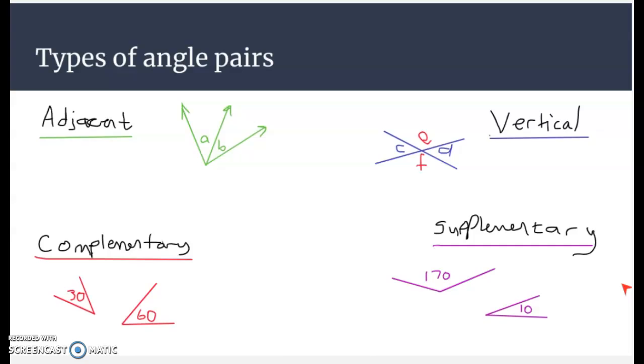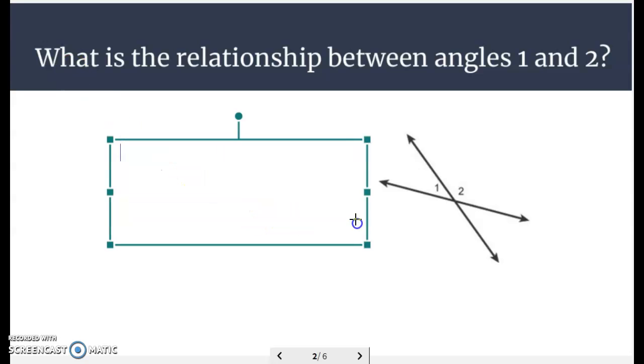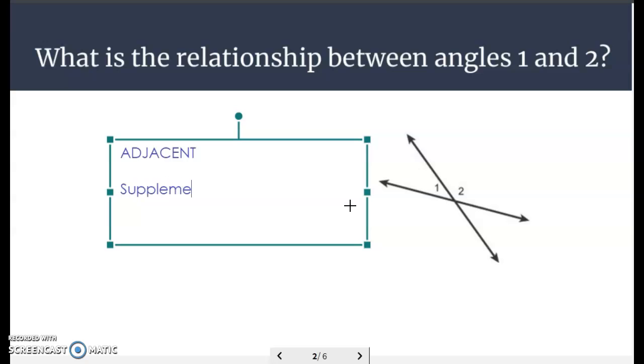Let's look at a few examples here. The relationship between angles 1 and 2. Well, those two angles are right next to each other, so we could say they are adjacent. We could also say they are supplementary. They add up to 180.